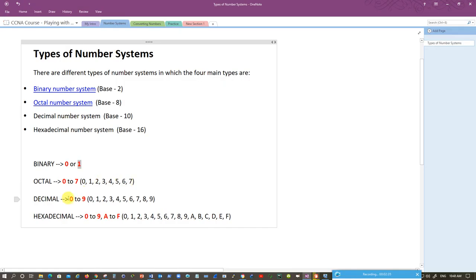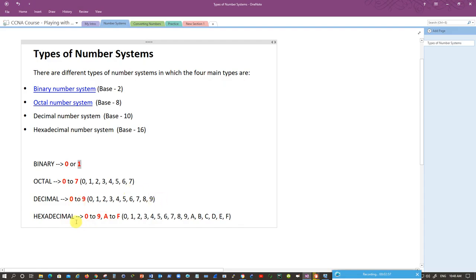Whereas decimal is the most common in use. We talk about currencies, everything in decimal only. You can go into infinite numbers. 0 to 9 are the digits used to represent decimal. Using the combination of 0 to 9, you can create millions, trillions of numbers.